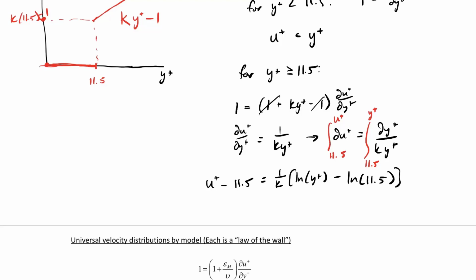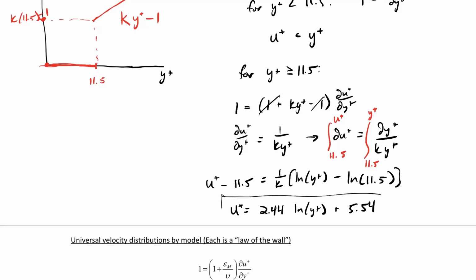Some algebra gives us u plus equal to 2.44 ln of y plus plus 5.54.